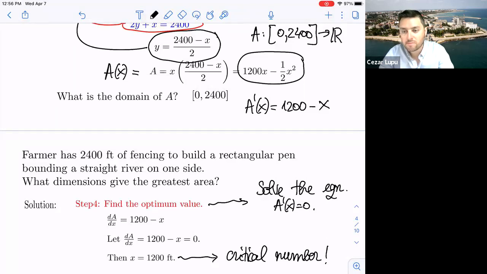Can you tell me? What did we say? When we have a function defined on an interval, now we need to determine the relative min and max. So we evaluate the function at what? At the critical numbers and at what else? Come on, tell me.